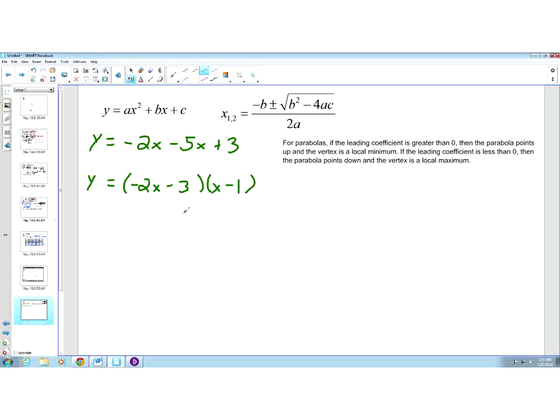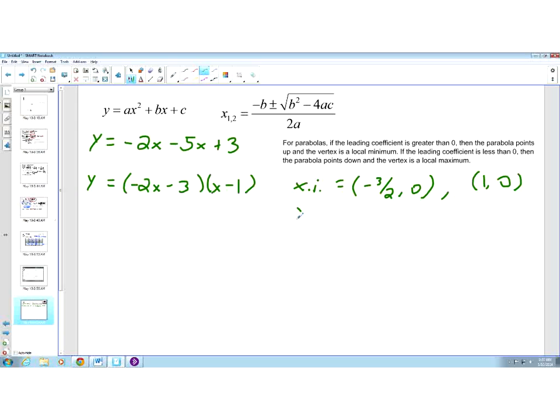And then when we set each of the factors equal to 0, we'll have a means of computing the x-intercepts. And so that would equal to what? 3/2, -3/2, 0. That would be 1, and then the other one would be at 1, 0.